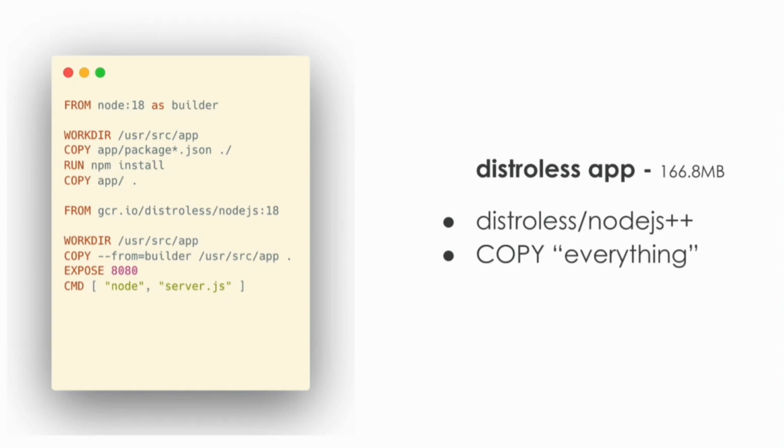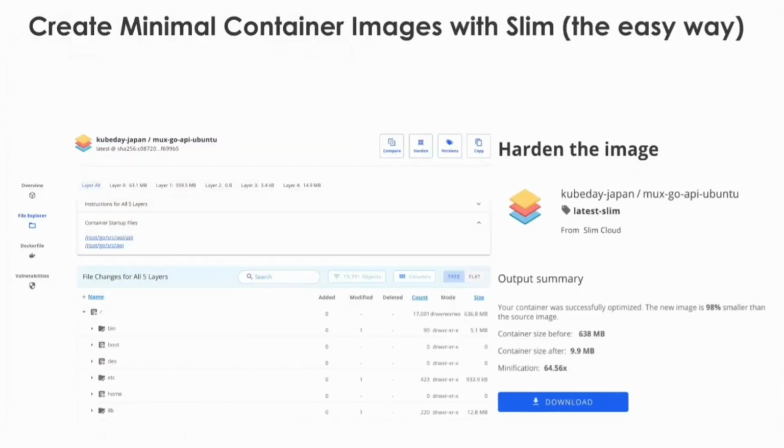In most cases, you end up copying a whole directory, because otherwise you're not really sure what you're doing. That's okay. It's better than using a fat image, but you still have a lot of attack surface left in the image when you do that. Let's keep going.